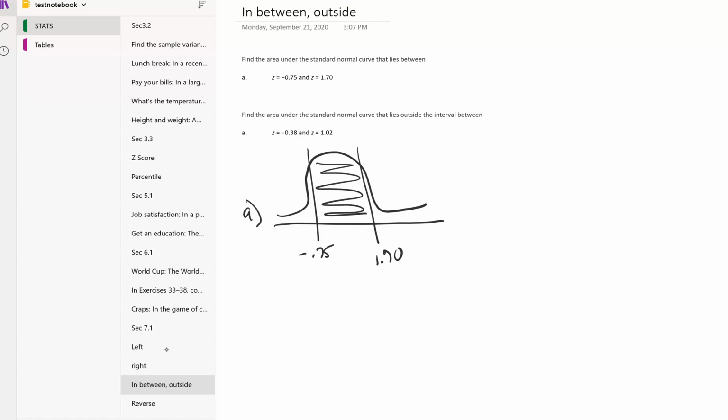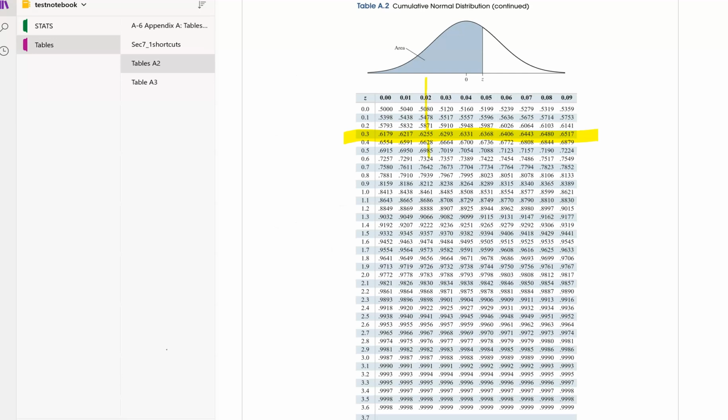I'm going to look up the one number more to the right, just to make it easier. So 1.70. 1.7, and the 0 is here, so 0.9554.